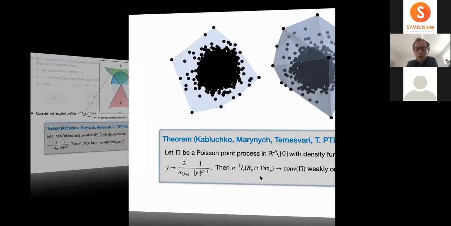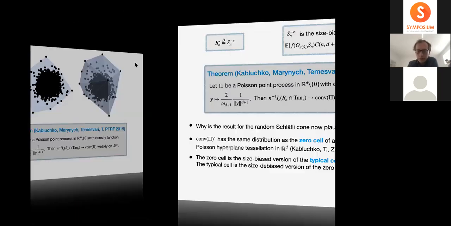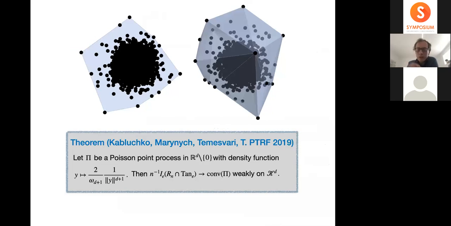So how do these polytopes look like? Here are simulations in the plane and in dimension 3. These black points here are the points of this Poisson point process. Somewhere where my mouse is, there is the origin. Around the origin, you will see infinitely many points because this density function is not integrable at the origin.